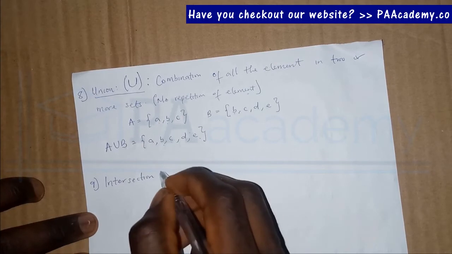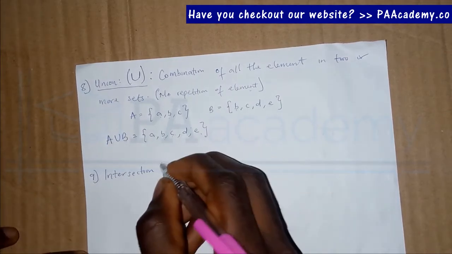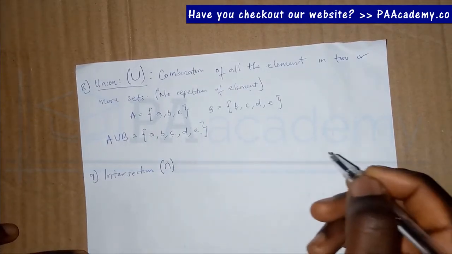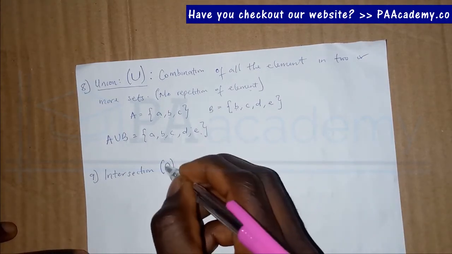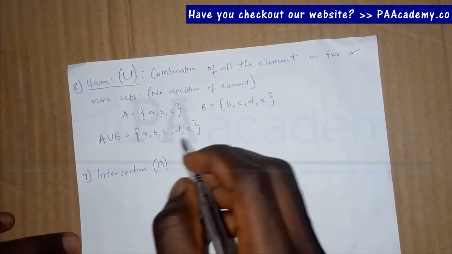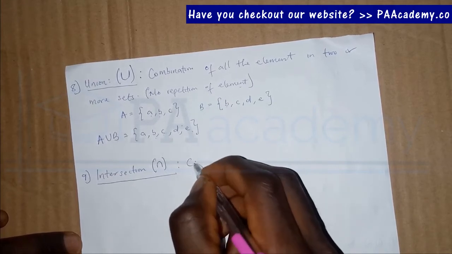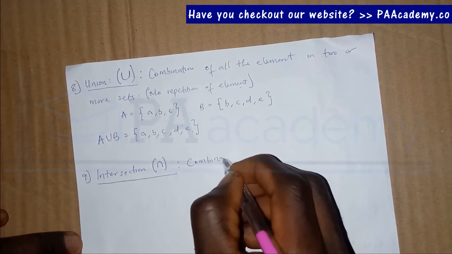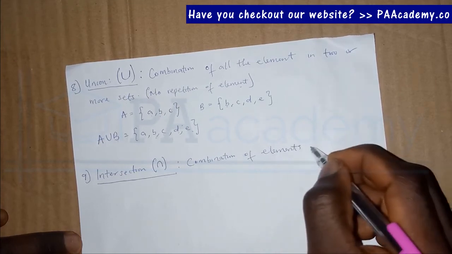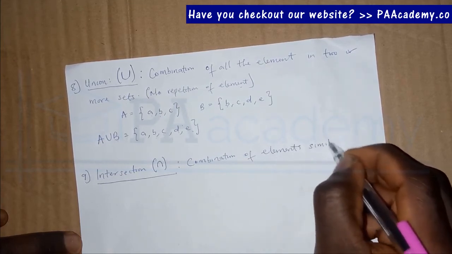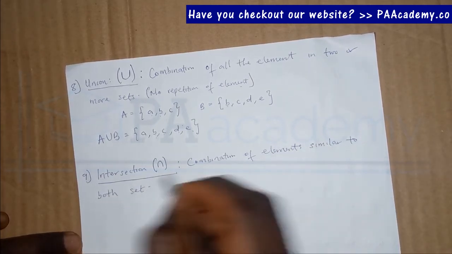Intersection has this symbol, like an N. But don't forget, it won't have that stroke that comes up, just a curve like this, like an N. So for intersection, you can call it a combination of elements similar to both sets. Similar to both sets. Exactly.